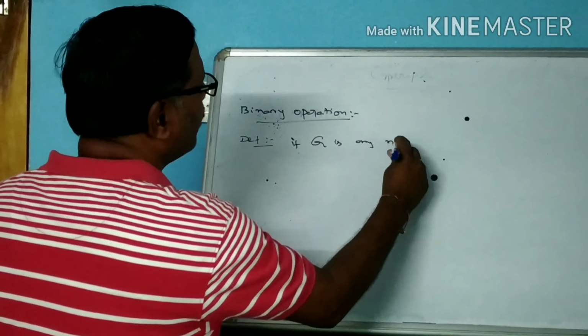Take a, b belonging to N. This implies ab belongs to N, no doubt.